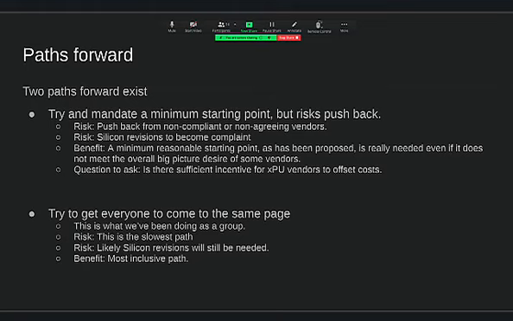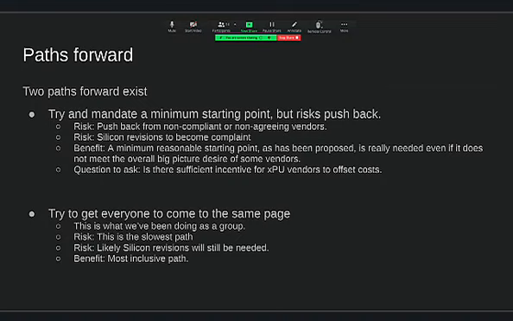The question we probably have to ask internally is whether there is sufficient incentive for these vendors to offset the cost of going back to engineering. We can just internalize it, but I felt that's an obvious question because it's something they're going to be asking themselves.